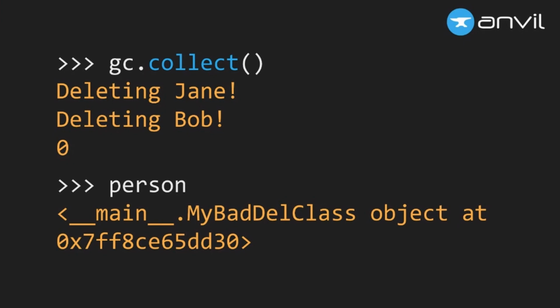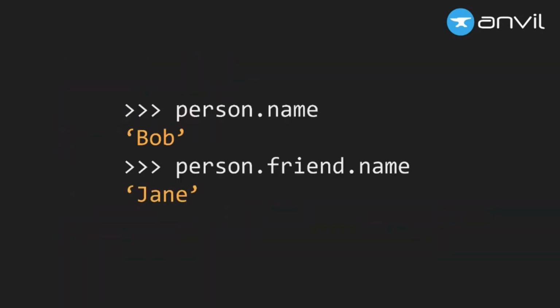At this point, I'd like to point out that Bob is the object that had its finalizer called second, because that was the one that was printed last. And if we look at this person object, its name is Bob. So in the process of deleting Bob, which was the second finalizer that was called, it set itself to this global variable. And we can see that Jane also still exists as the friend attribute of this object.